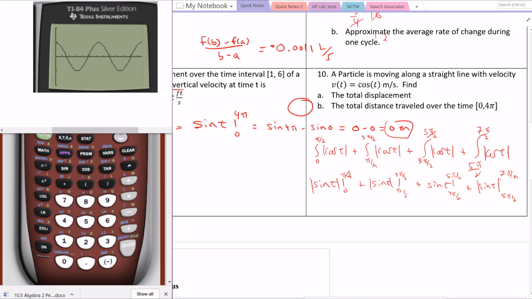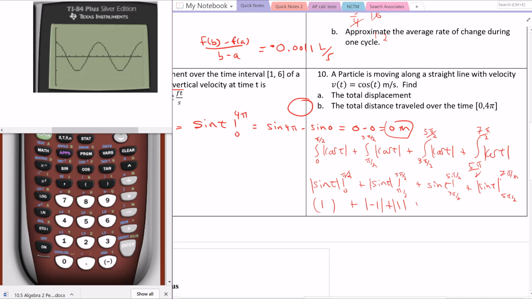This one would be sine of pi over 2 minus sine of 0. Sine of pi over 2 is 1, so that's 1, and the absolute value of 1 is 1. Plus sine of 3 pi over 2 is negative 1, so negative 1 minus 1 in absolute value.